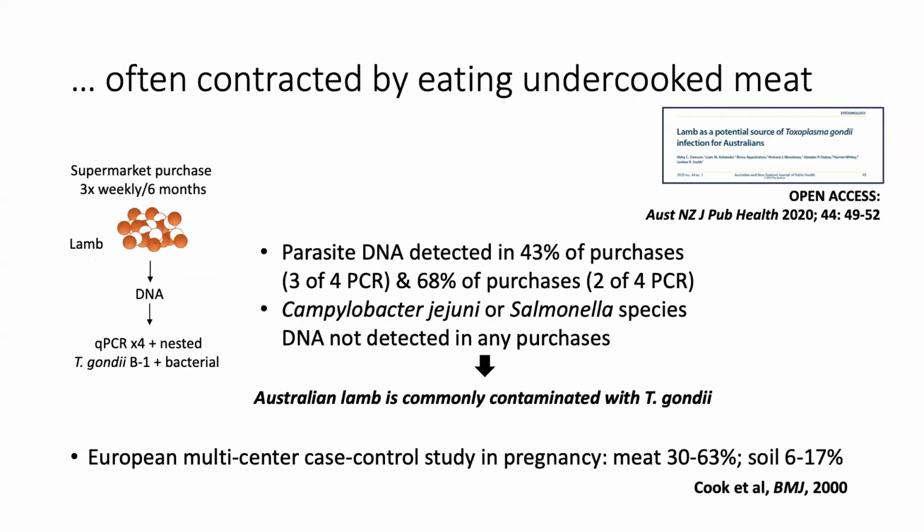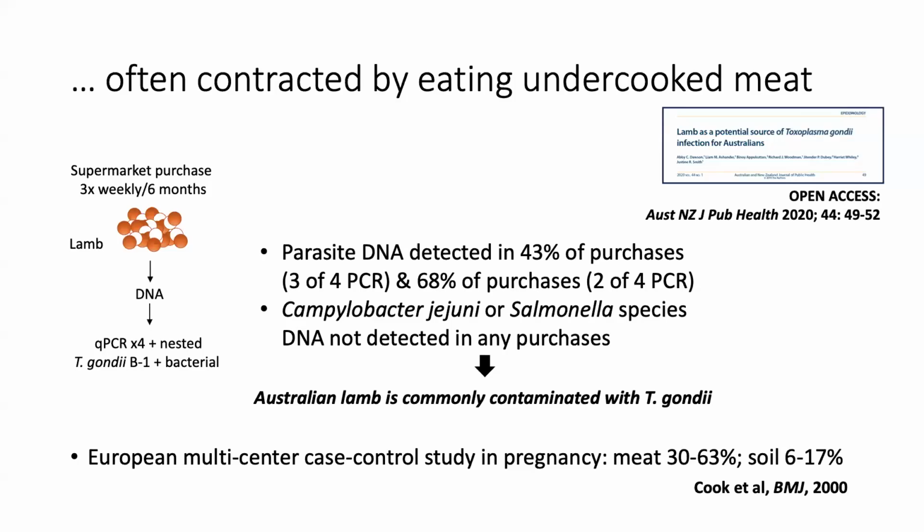So where do you get it from? Mostly it's from eating undercooked or raw meat. This is a study we also did in Australia where we went down to the supermarket 3 times a week for 6 months, and we collected lamb mince and tested that mince by PCR. We tested it for toxoplasma DNA, and we also tested it for bacterial DNA, looking at bacteria that are common contaminants of meat when it hasn't been handled well.